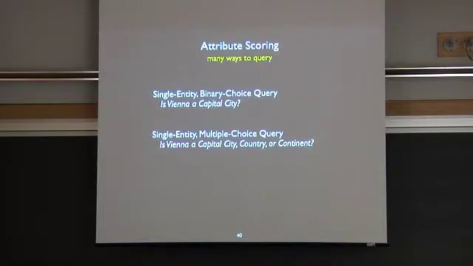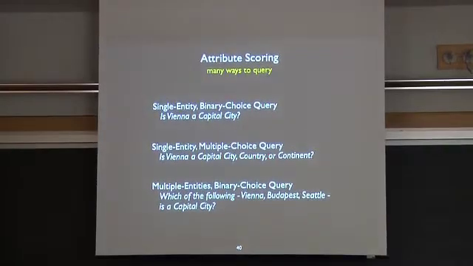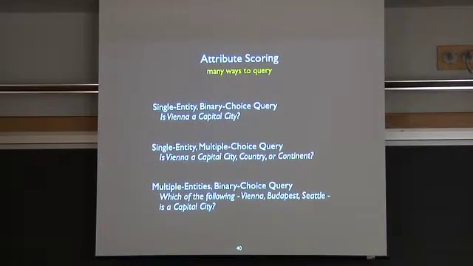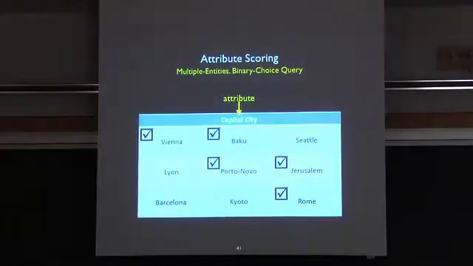Another way is that you can give them a single entity but ask a multiple choice question. Is Vienna a capital city, country, or continent? But then there's a third type, which is you can give them a whole bunch of entities and ask them a binary choice question. Like, which of these is the capital city, Vienna, Budapest, or Seattle? And so in this work, we focus on this type of query.